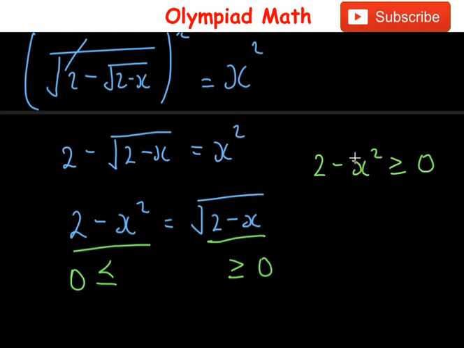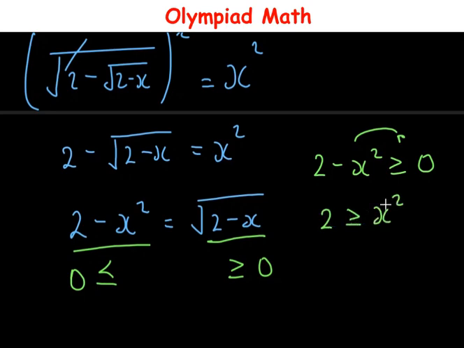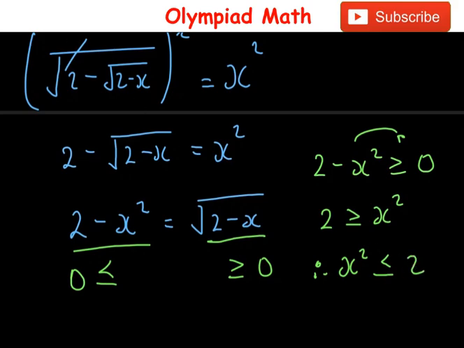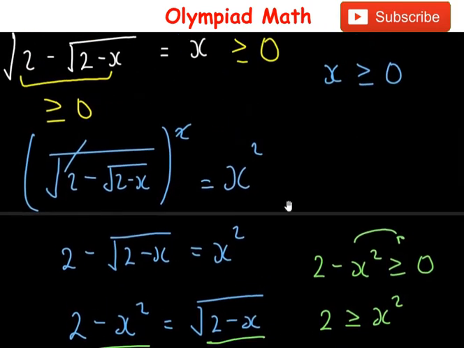From here, move minus x squared over to this other side. We have 2 is greater than or equal to x squared. So therefore, x squared is less than or equal to 2. So this also is the other condition to get the solution for x. So we'll work with these two conditions to get the value of x.